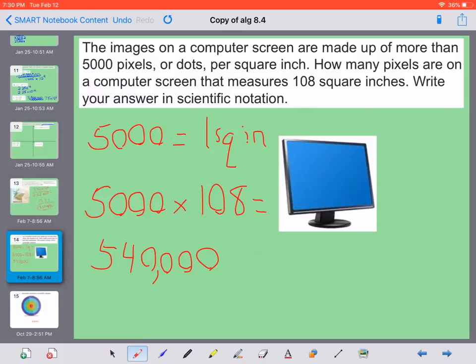In scientific notation, though, that answer is 5.4 times 10 to the 5th power.